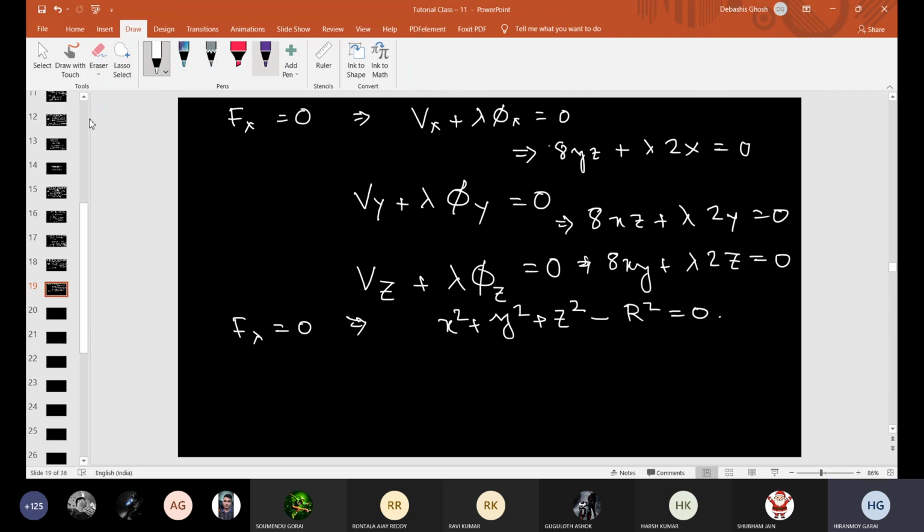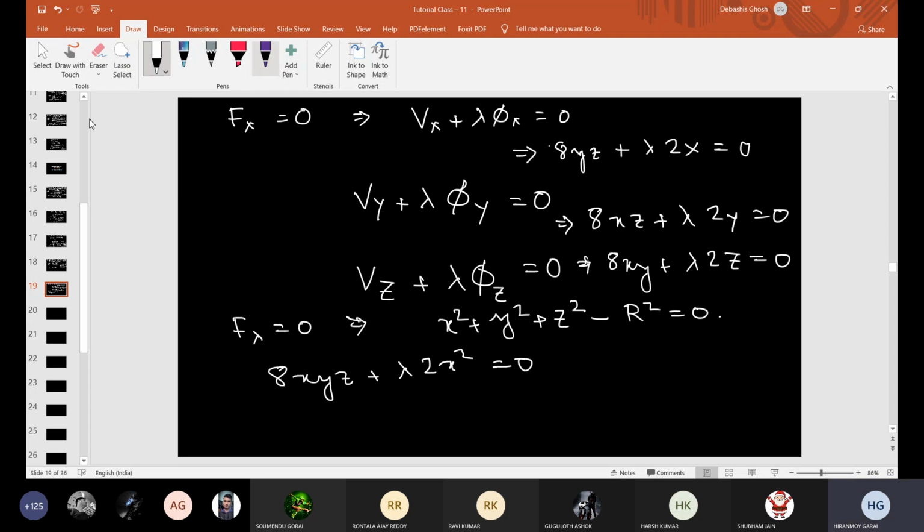Now if we multiply the first equation by x, the second by y and the third by z, we get three expressions. That gives 8xyz plus lambda into 2x square equals 0.